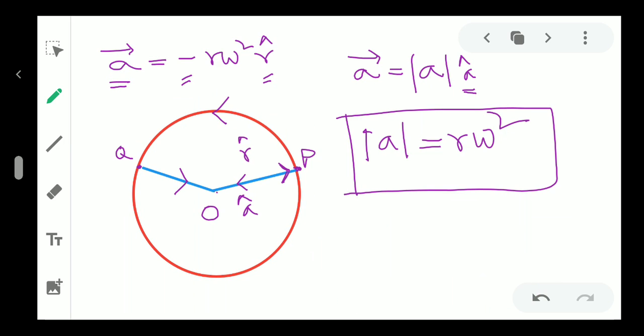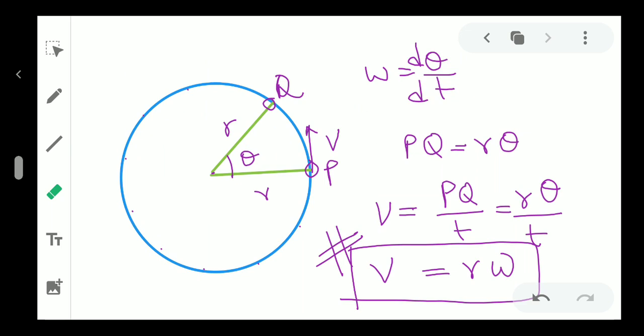Now if we use this v equal to r omega here, we can get one more thing from this. So we can write r omega square as r omega into omega. What I can do here is find omega from here, that is, omega is v by r.